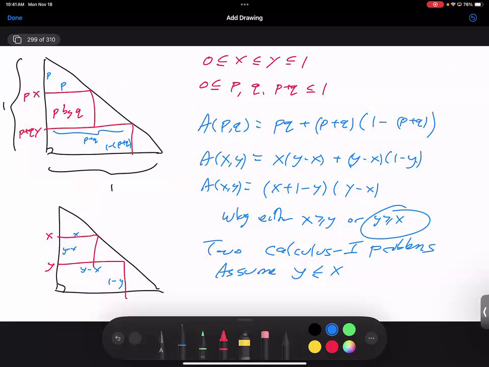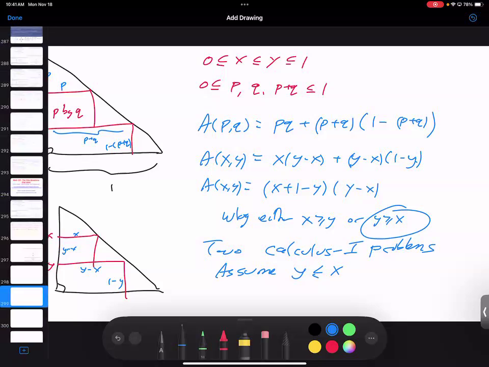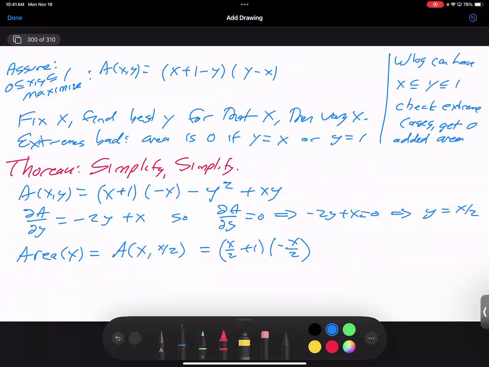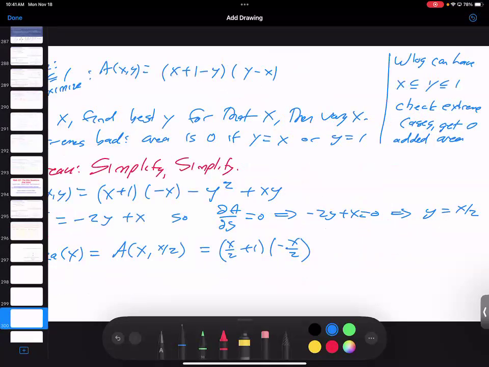That's fine. And then the next is going to be y minus x, which is a positive number. And then its height is going to be 1 minus y, which is a positive number. Both have a y minus x we can pull out. So we have x plus 1 minus y, y minus x. Multiplication of first term also. So it should be x plus 1 times y.